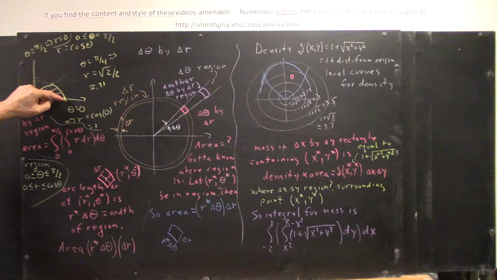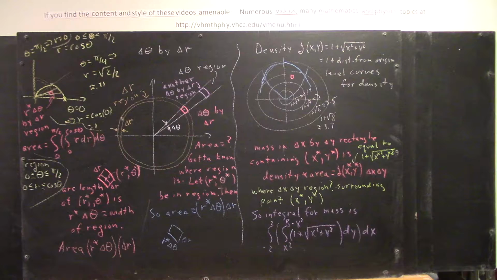If theta is 0, we go from here to here. If theta is pi over 4, we go from here to here. If theta is 2 pi over 3, we go from here to here. We get the region. I'm not doing that rigorously, but right now we've done enough things rigorously in xy space that it ought to be clear what we're doing.